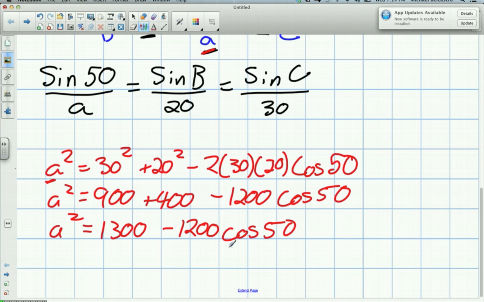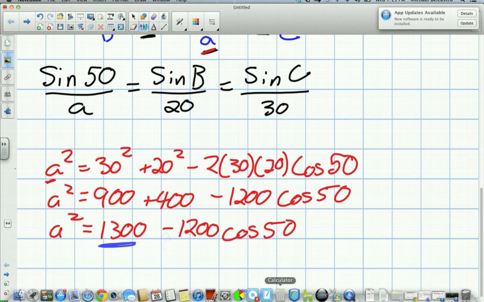You have the square root of A at the end to get A by itself. A very common error is to take 1300 and then subtract the 1200. But technically, this is 1200 times cos. So we actually have to get the cos 50 and then multiply it by the negative 1200, and then do this, okay? Because of BEDMAS. That's a very common error. You can't do that, or you'll come up with something very, very different.